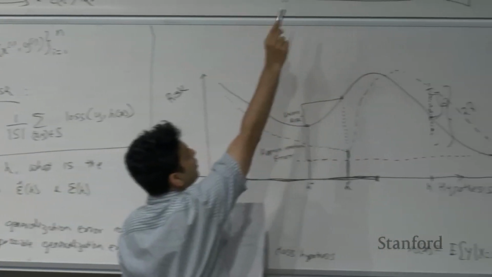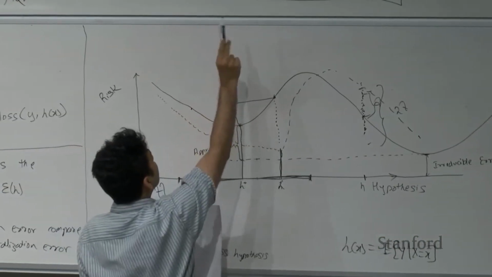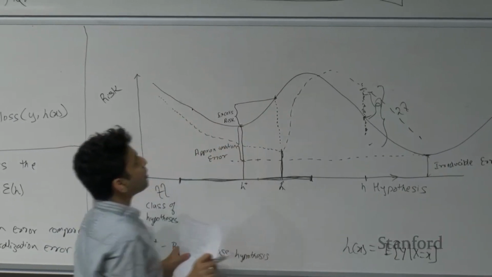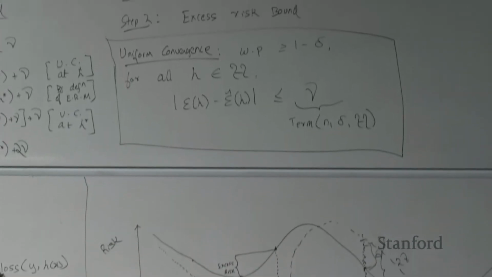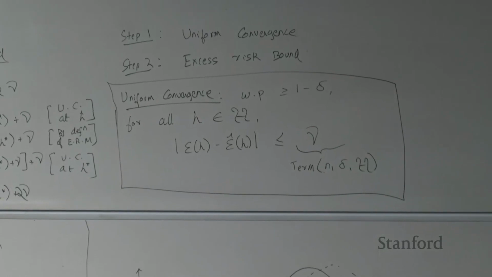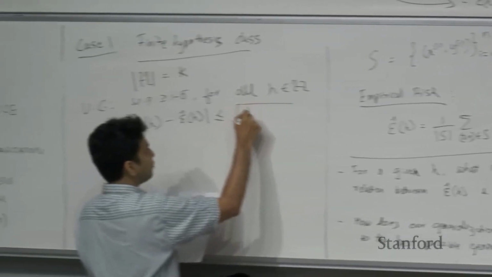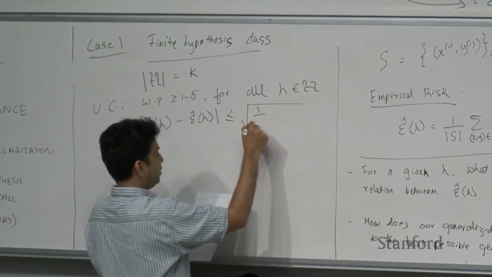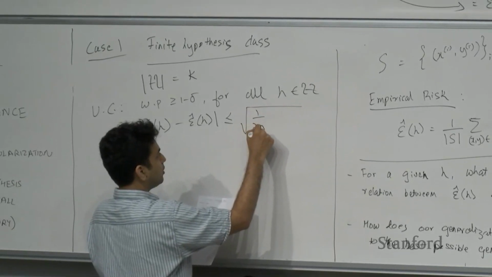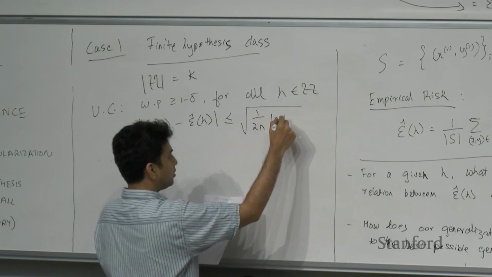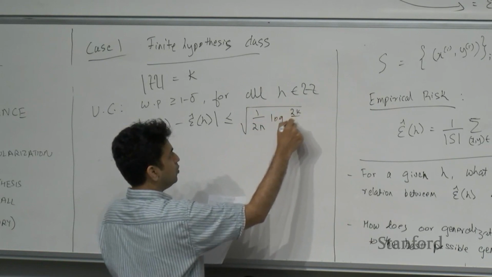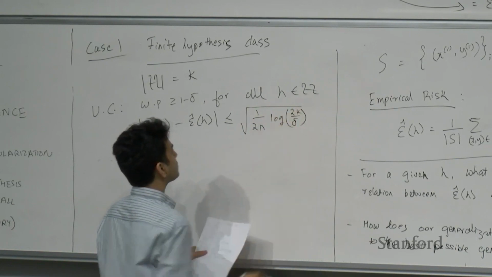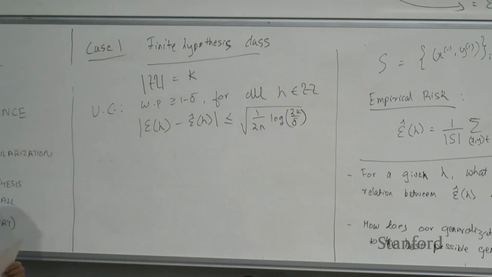If you remember, in uniform convergence this is the template that we always follow, and for each different situation we get a gamma term that involves n, delta, and something about the hypothesis class, and in this case it turns out to be the square root of 1 over 2n log 2k over delta, right? Yes, question?